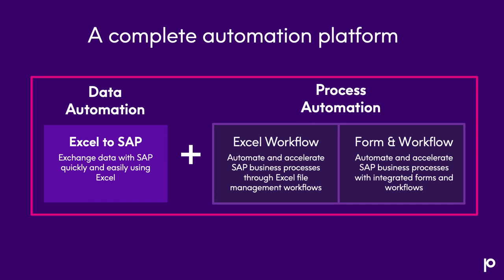Add that to process automation, which in our world comes in two flavors. We've got Excel workflow and we've got Foreman workflow, and you do have that complete automation platform. So Excel workflow can then take those data automation files and manage them through a complex workflow. Journal entries are a really good example, and I mentioned that one earlier, but the 20,000 journal entries in a 4-day closing window.